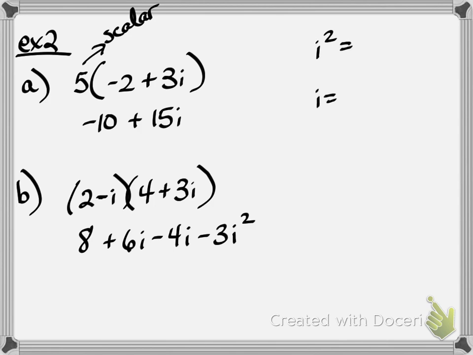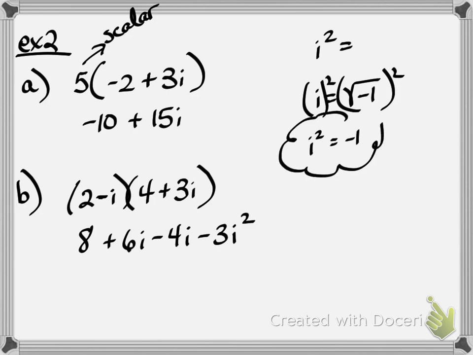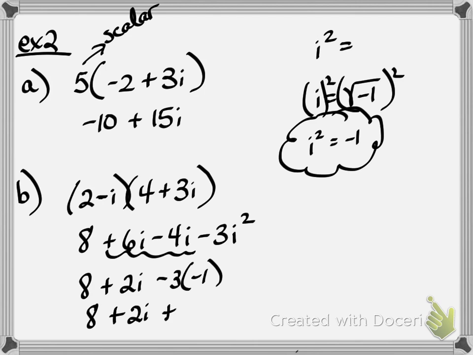But if you remember that i is the square root of negative 1, so if you square both of these, i squared is negative 1. So you have like terms here to get a 2i. And then that is negative 3 times a negative 1, which is a positive 3. I'm showing all the steps, but feel free to skip some of these. And then 8 plus 3 is 11 plus 2i. And that's us finishing it by writing it in standard form.